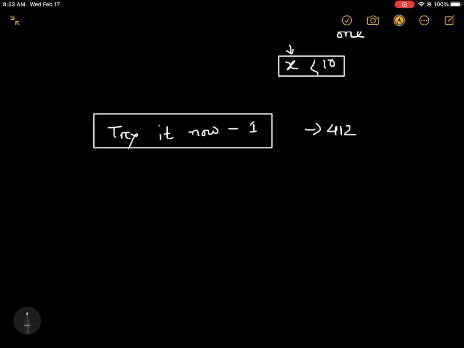It says all Icelandic children learn English in school. So you need to write the negation. That means you want to prove it wrong, okay? You want to say that no, not all the Icelandic children learn English in school. So if that's the case, what should the statement be? How can you prove that this statement is wrong?